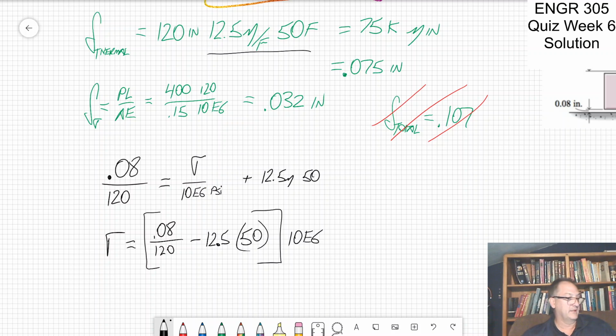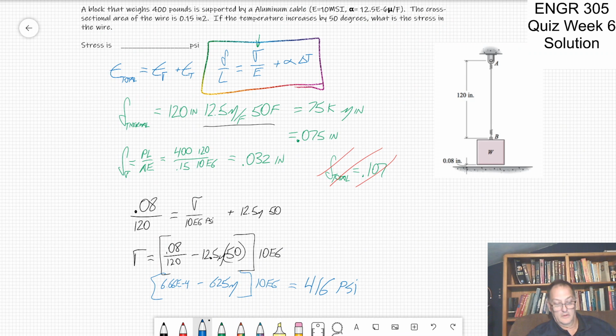Oh, it ought to work out. Let me hit the calculator. Yeah, so one thing I will point out, I had to add a little micro there, but I got 6.66 e to the negative fourth minus 625 micro, which is 6.25 times 10 to the negative fourth. And then I multiply that by 10 to the negative 6, and I get PSI, 416 PSI.